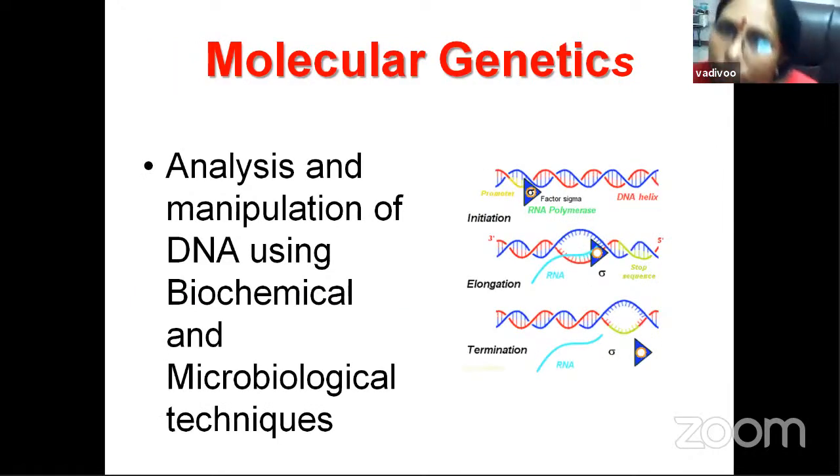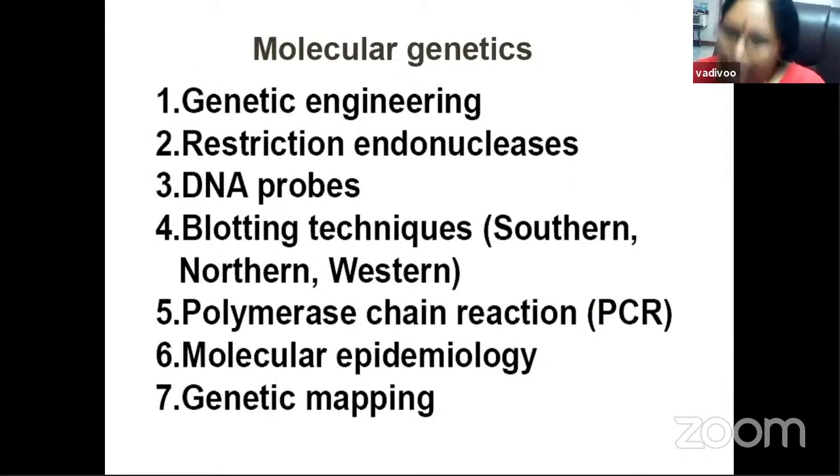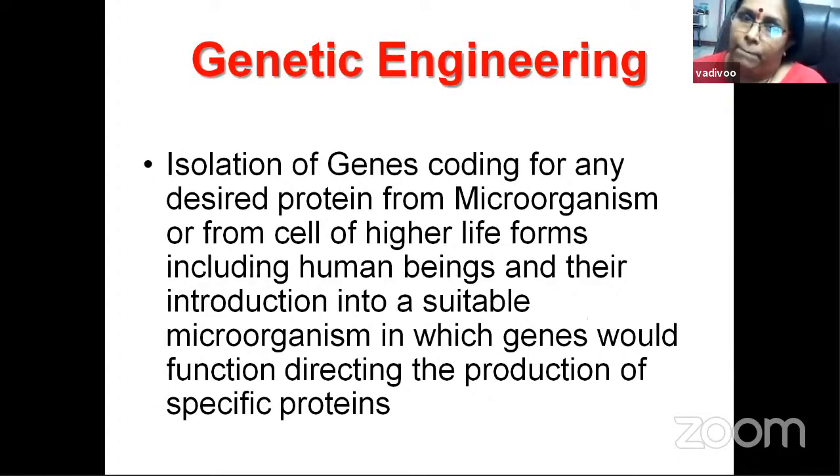So now we go to molecular genetics, which is analysis and manipulation of DNA using biochemical and microbiological techniques. These are the different components: genetic engineering, restriction endonucleases, DNA probes, blotting techniques, polymerase chain reaction, then genetic mapping. So what is genetic engineering?